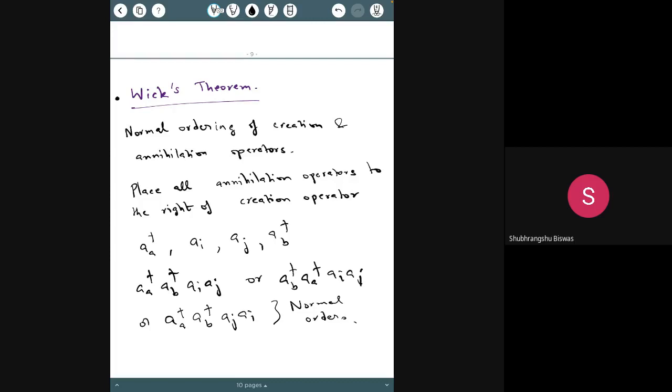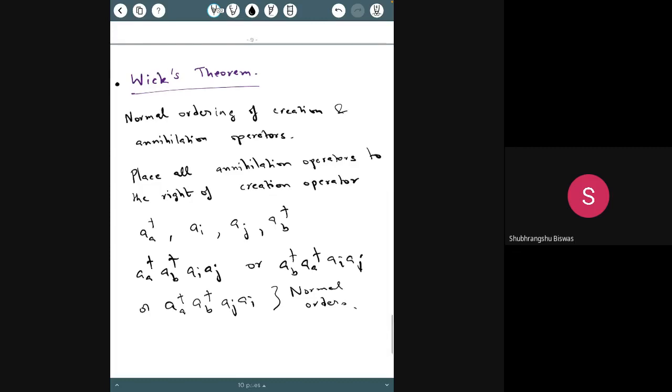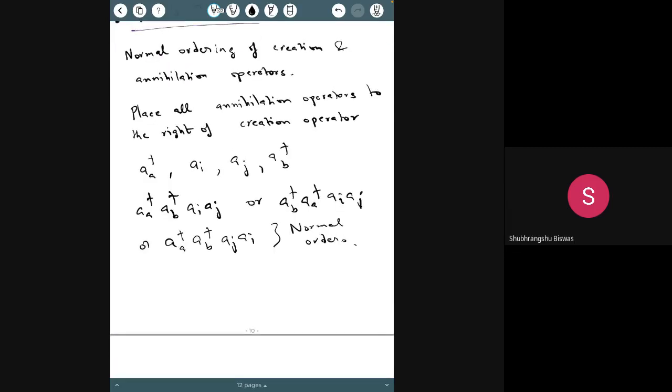And what is the advantage there? The advantage is that if you now act any normal ordered string on the vacuum, it will annihilate the vacuum.